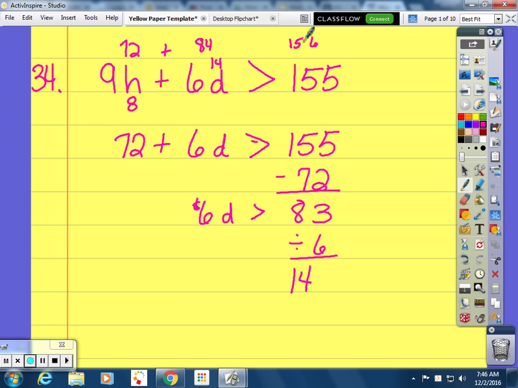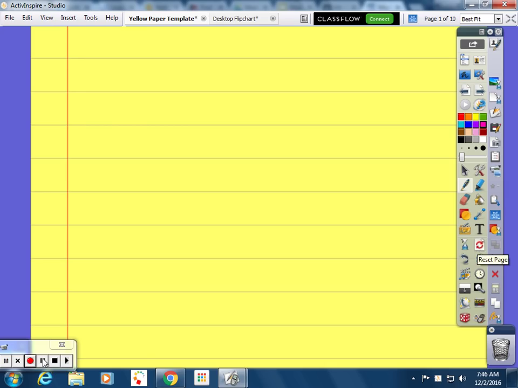Moving on to number 35. If you look in your book, 35 says, Salid bought 35 feet of window trim at a hardware store. The trim cost $1.75 per foot, including sales tax. If Salid paid with a $100 bill, how much change should he have received?